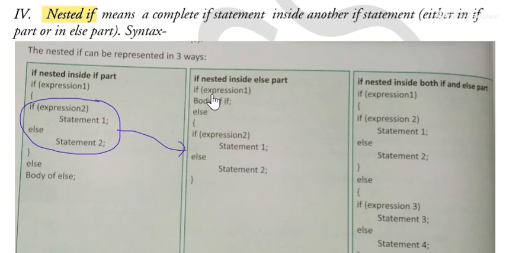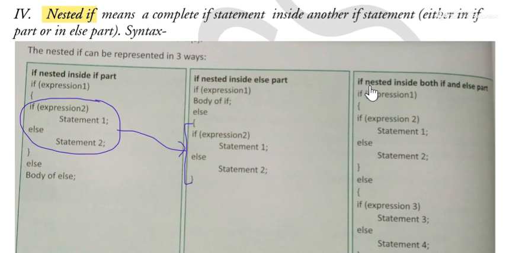But in this case, if expression 1 is false, then the body of else is evaluated, and the if statement is nested in the else part. This is the opening curly bracket of else and this is the closing curly bracket of else. And this if else statement is nested inside this else part.